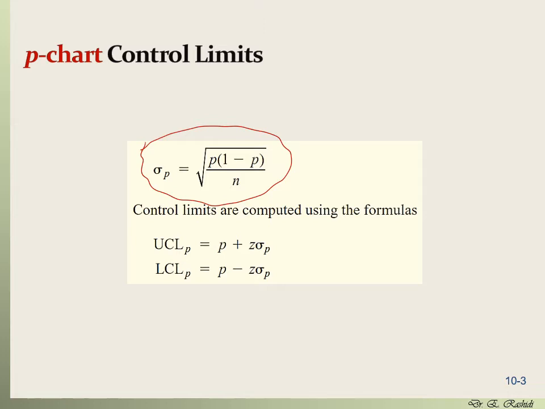Then the upper control limit is the proportion plus Z multiplied by sigma of P, and the lower control limit is the proportion minus Z multiplied by the standard deviation of P, which is sigma of P. So let's go ahead and see an example to understand this better and see how this works in practice.